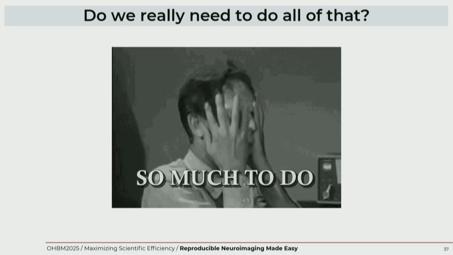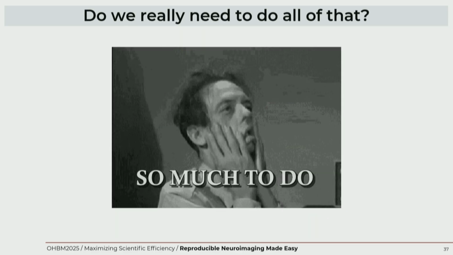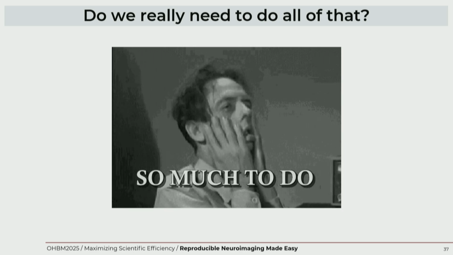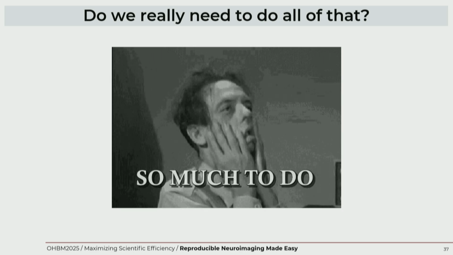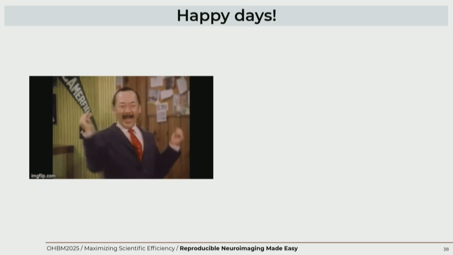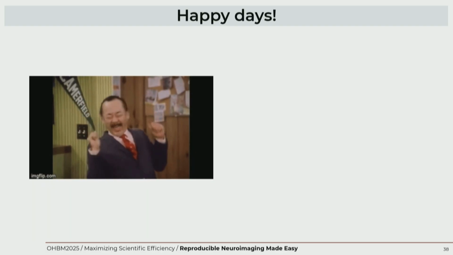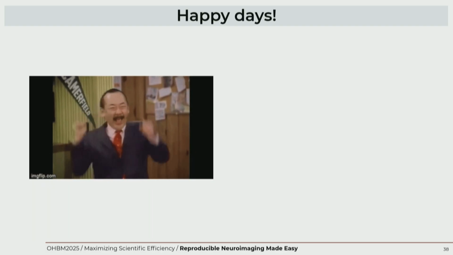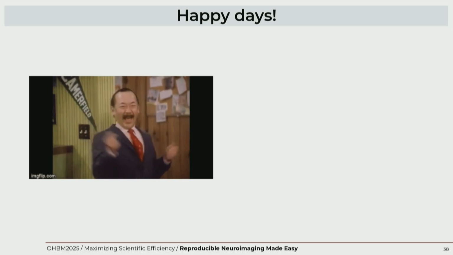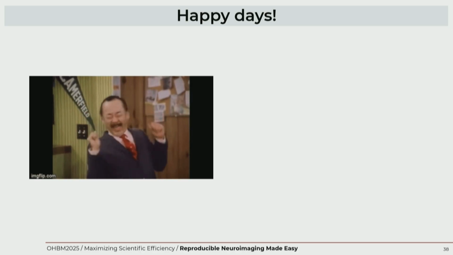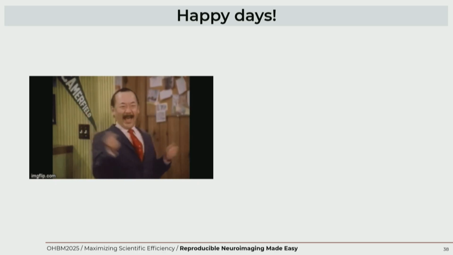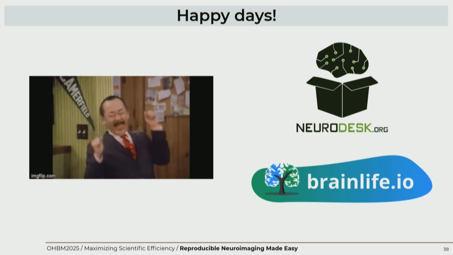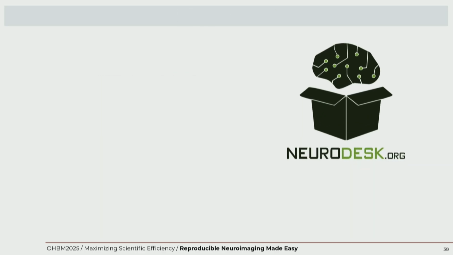But the remaining question is, do we need to do all of that to leverage software containers in our work? Well, I'm here to say that no, we don't have to do all of that work because we have neuroimaging data analysis platforms that allow us to do it without the burden of managing multiple software containers. Today we discuss NeuroDesk and BrainLife.